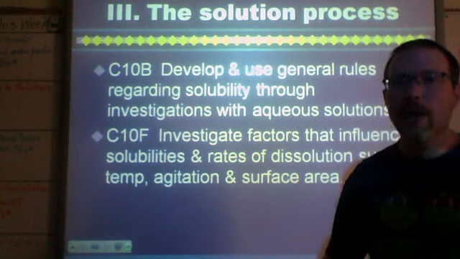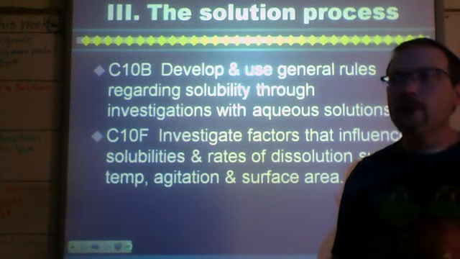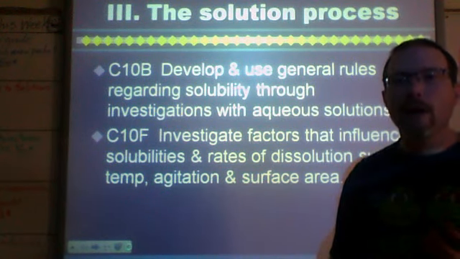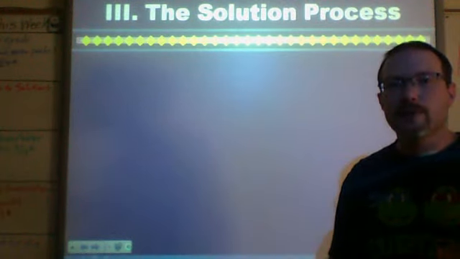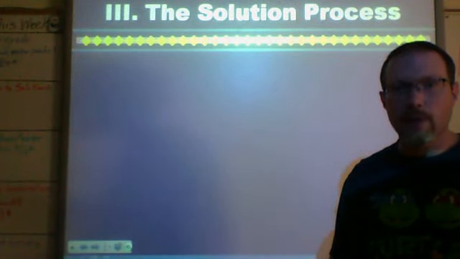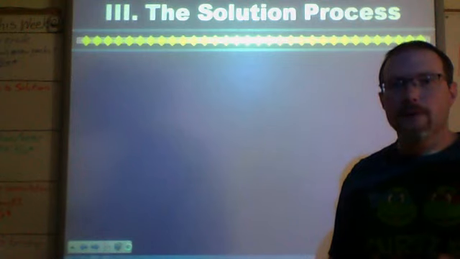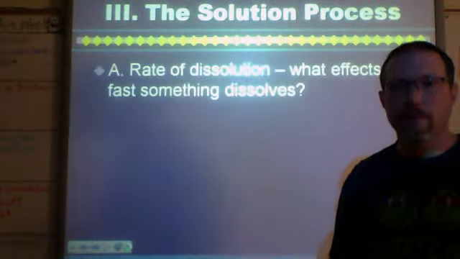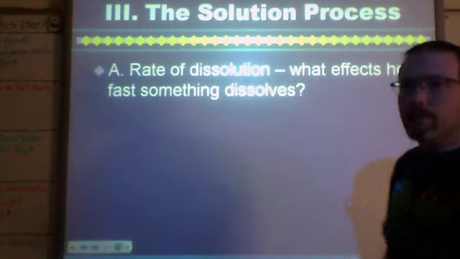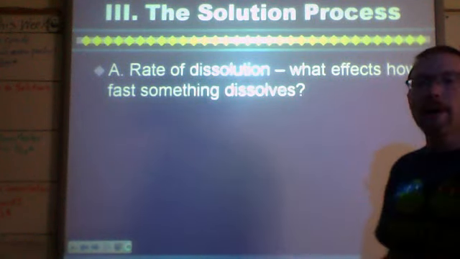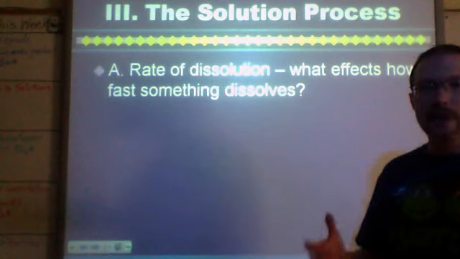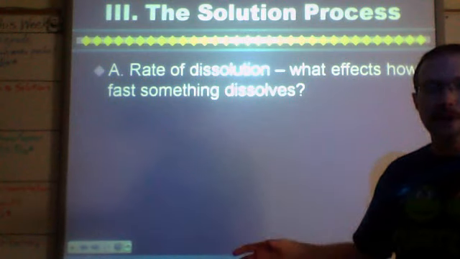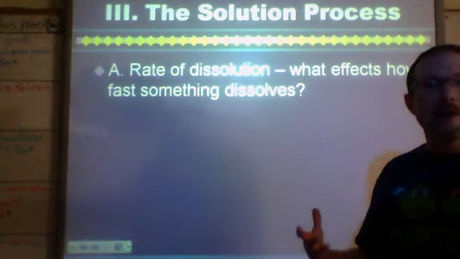Let's begin. We're talking today about factors which influence how well substances dissolve in other substances. It's called factors affecting solubility, or factors affecting solvation. So when you talk about things which affect the speed that a solute will dissolve in a solvent, a lot of those things are very common sense.